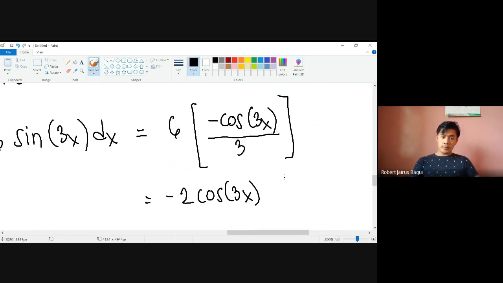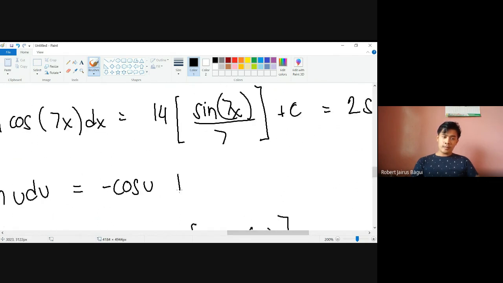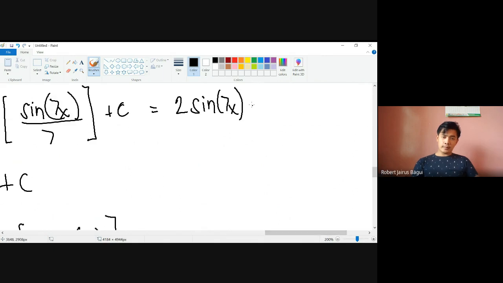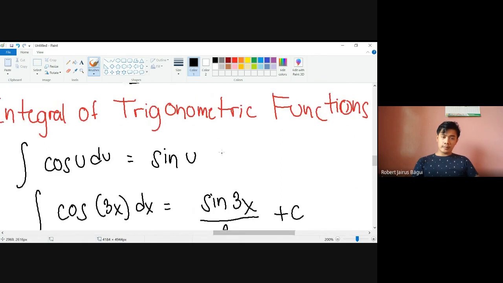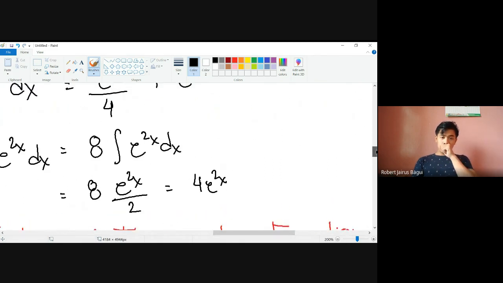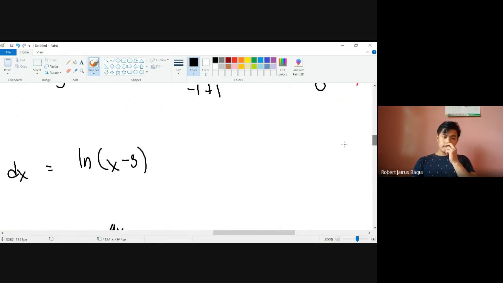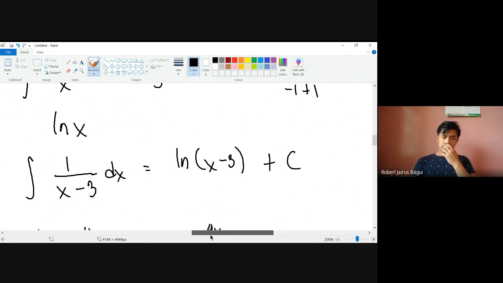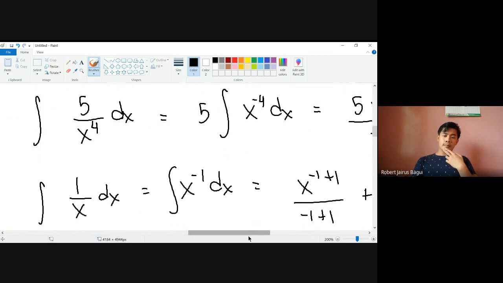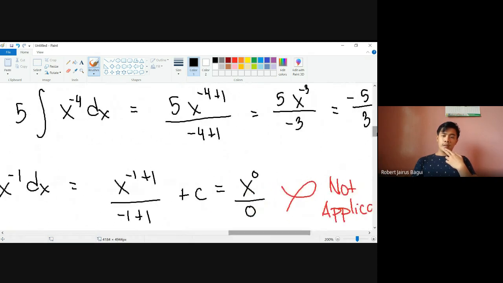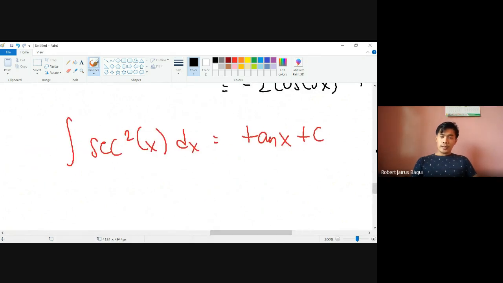Again, huwag kakalimutan, lahat ng integral niyan ay may plus c. Sige, basta importante ay yung may plus c, huwag malilimutan yun. Okay, secant squared x, tangent x.